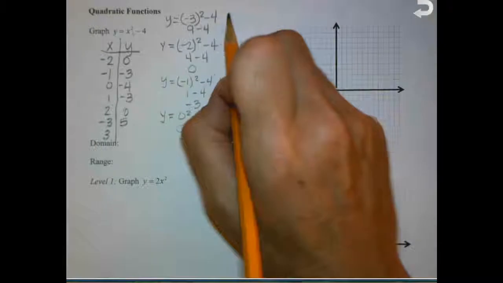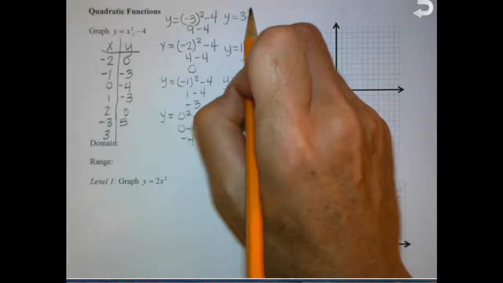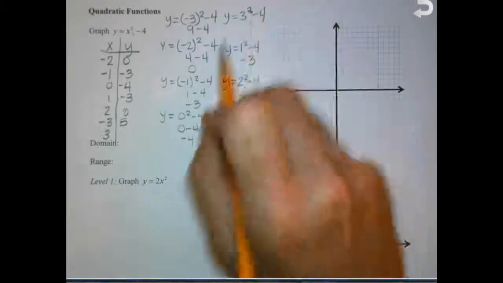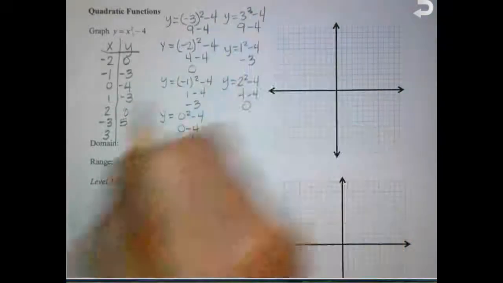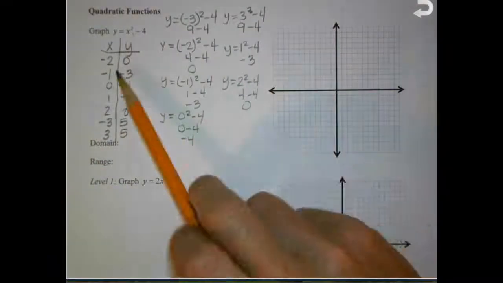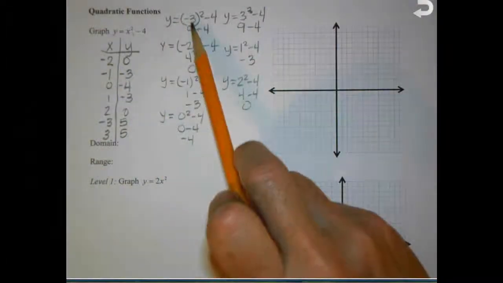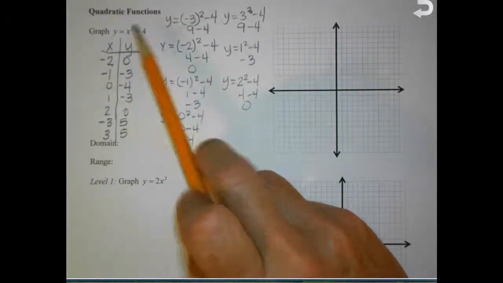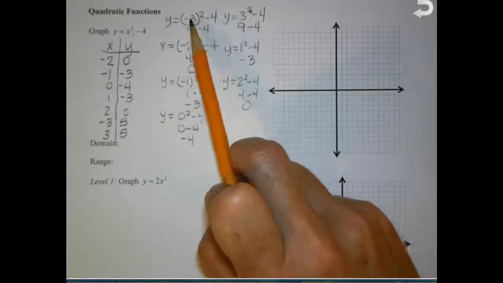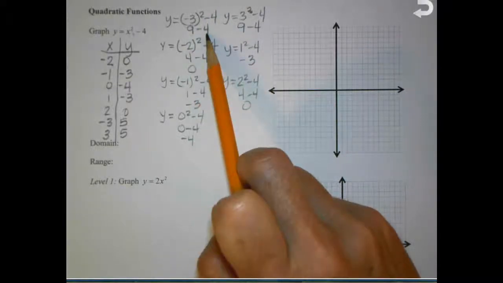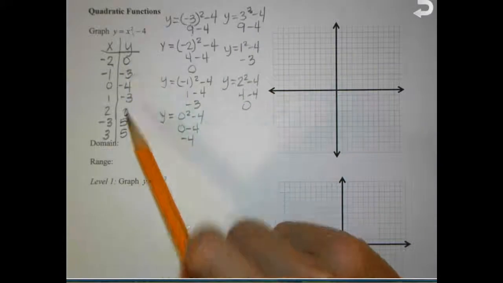And if I do a positive 3 squared, minus 4, then I have 9 minus 4 again, which is going to give me a 5. Now, I need to be very careful when I use the negatives here because the whole thing that I stick in for x has to be squared. So the negative 3 times negative 3 gives me a positive 9. If I don't do that correctly, I'm not going to come up with the right points to plug in here and here.